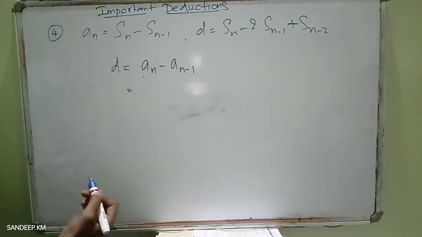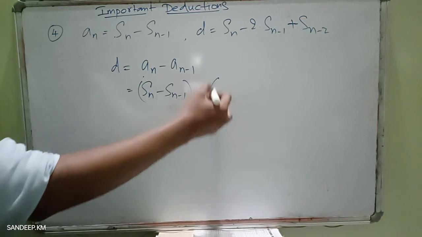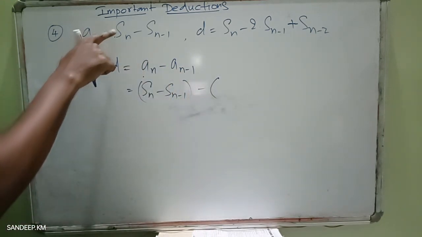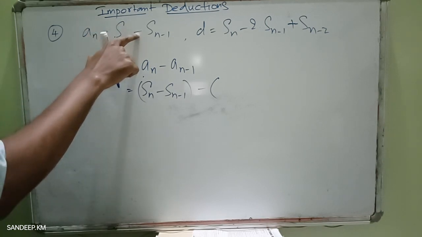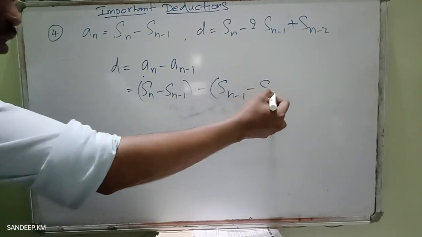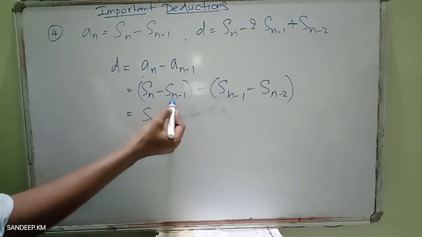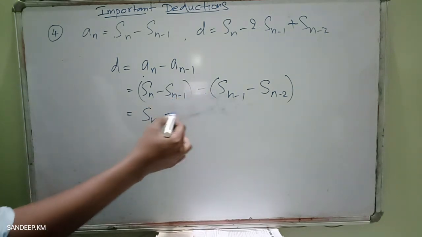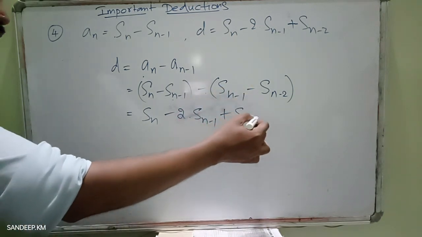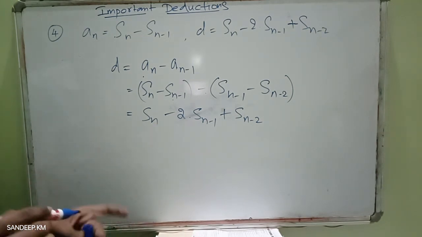And according to this, an can be written as Sn minus Sn minus 1, minus of an minus 1, where an minus 1 means Sn minus 1 minus its previous, Sn minus 2. So Sn minus Sn minus 1, minus Sn minus 1 is minus 2 times Sn minus 1, and minus into minus is plus Sn minus 2. So this is the common difference in terms of sum of n terms.